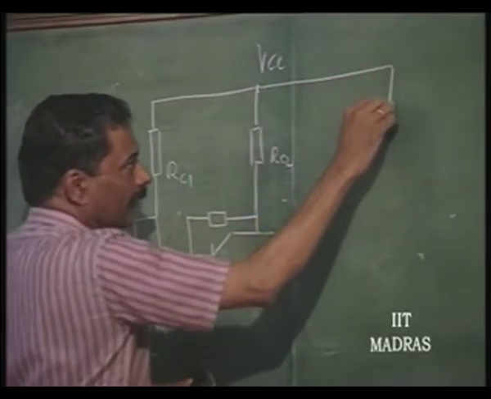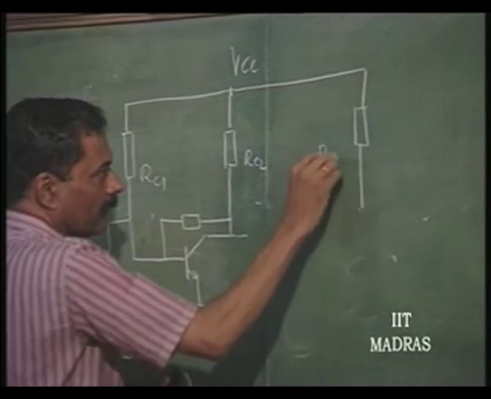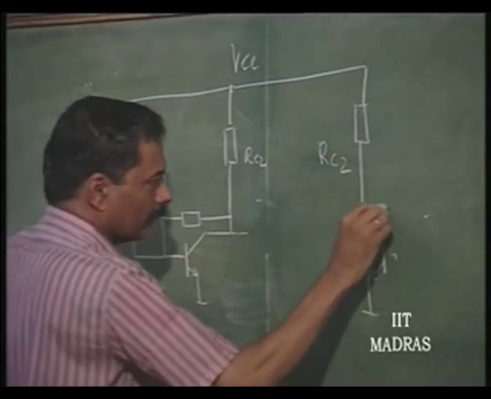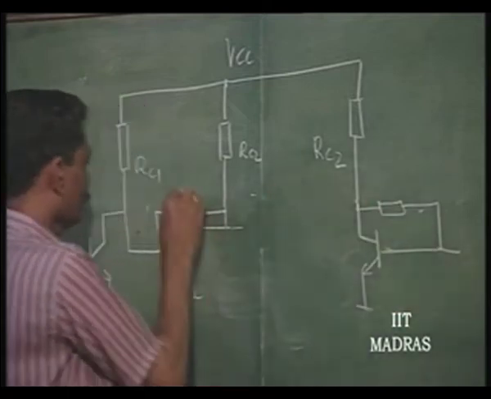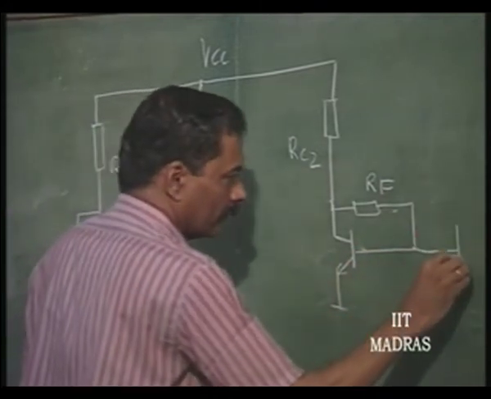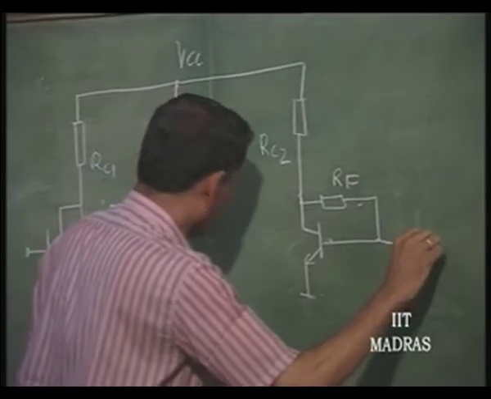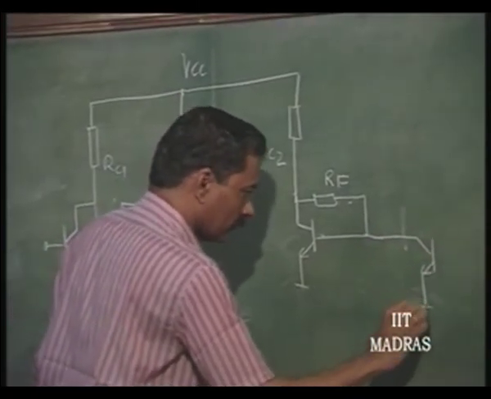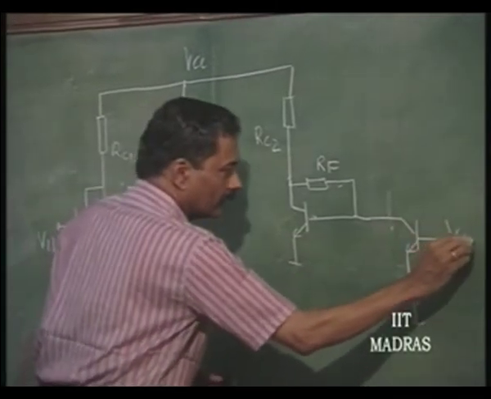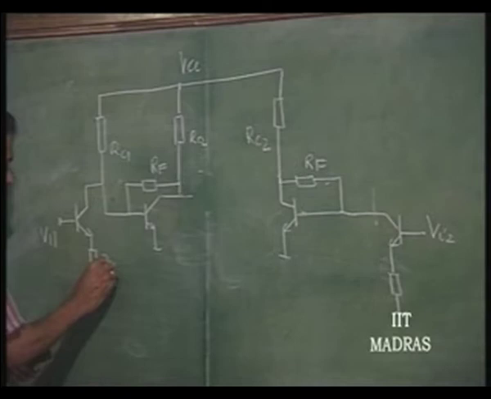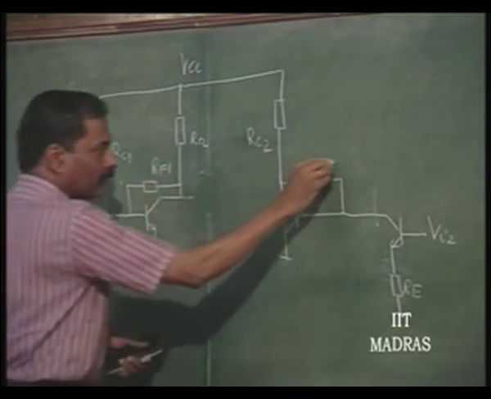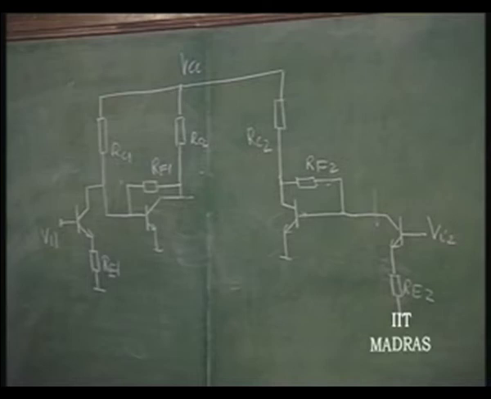I put another identical stage here, RC2, VI1, VI2, RE1, RE1, RE2, RE2, all are identical.